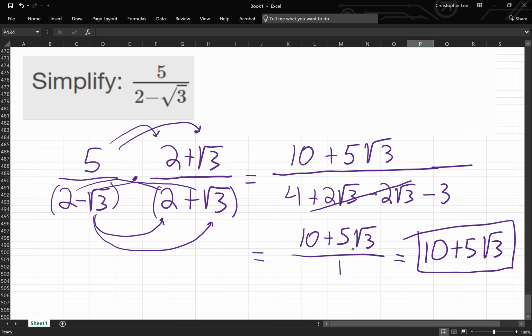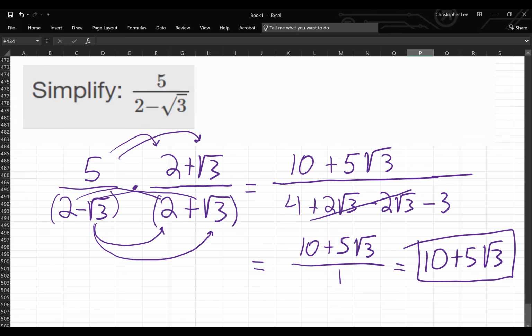Questions on this? Anybody? A little complicated. You got to multiply it by the opposite, but FOIL it out and you're good. Good? All right. Can we move on or do you want to see another?